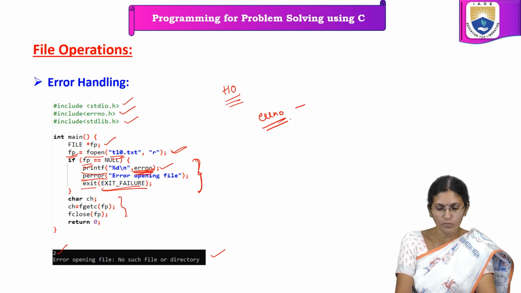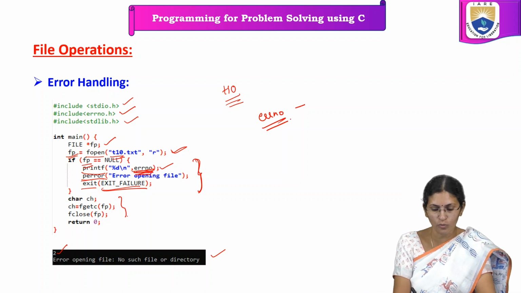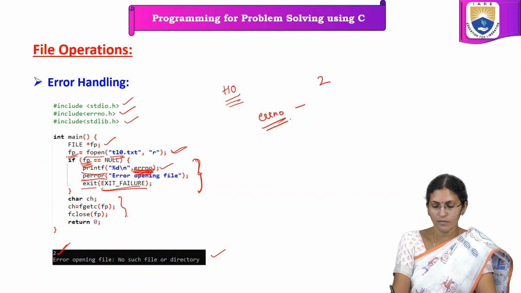Corresponding to errno, which is a global variable, we are getting a value of 2 in this case. Because fp is equal to NULL, the type of error occurring here is that the file does not exist. The corresponding value is 2 in the header file, so the errno value is 2 and that value is printed here.